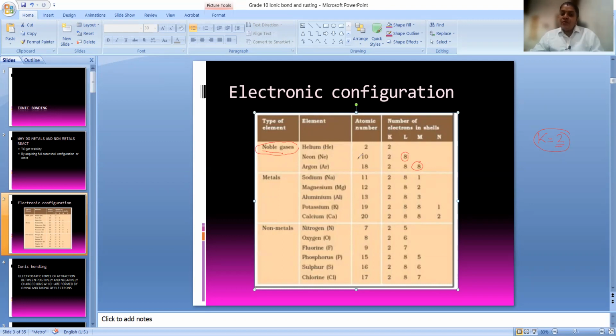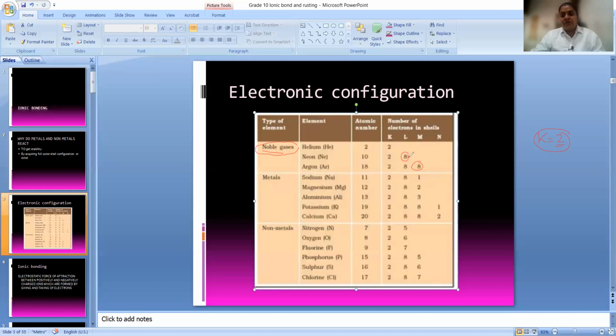Okay, so if atoms have the noble gas configuration, then they will be stable. But not all atoms have the noble gas configuration. Since they don't have it, they will try to acquire the noble gas configuration by reacting with other atoms.